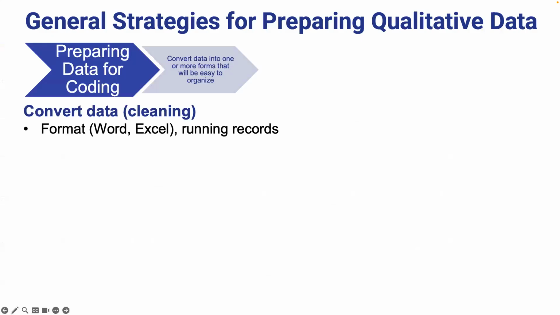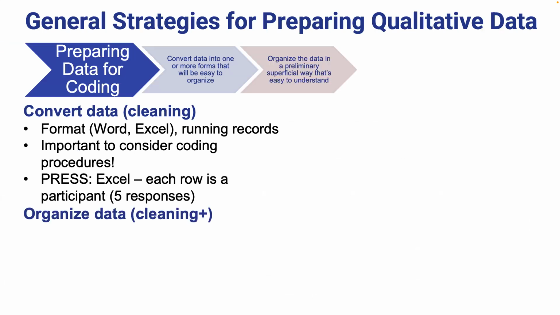All right. So then the next thing is to organize the data in a preliminary, superficial way that's easy to understand. This is still kind of data cleaning, but cleaning plus. The cleaning is really just, it's in Prolific, it's in a transcript that I've either done myself or used AI or paid someone to do, and you're cleaning it, removing identifiable information.